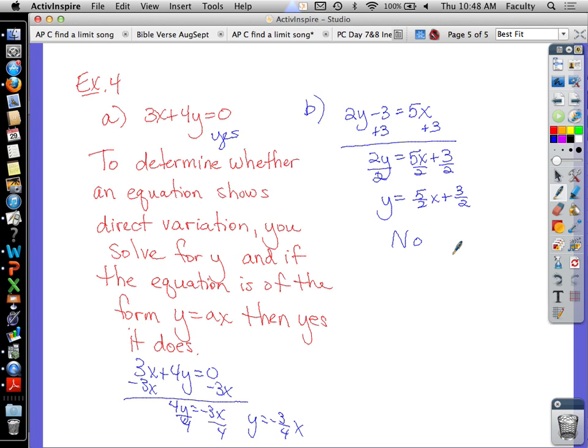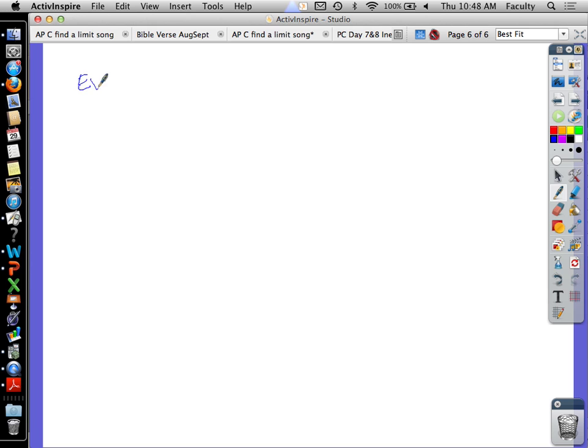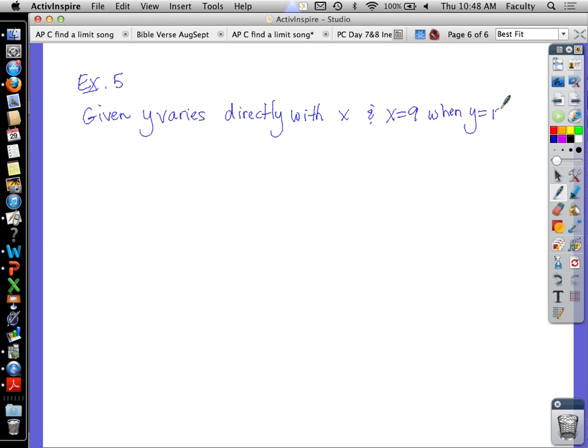All right, I want you to find a spot. I want to do one more example. I want to do an extra one. So go ahead and find a spot for this. I think you have a space near the table. Given y varies directly with x, and x equals 9 when y equals 12.